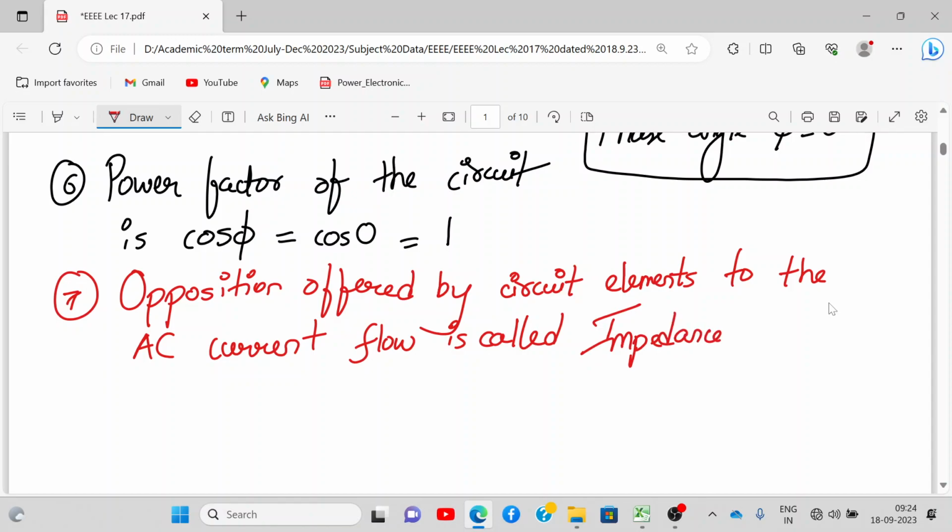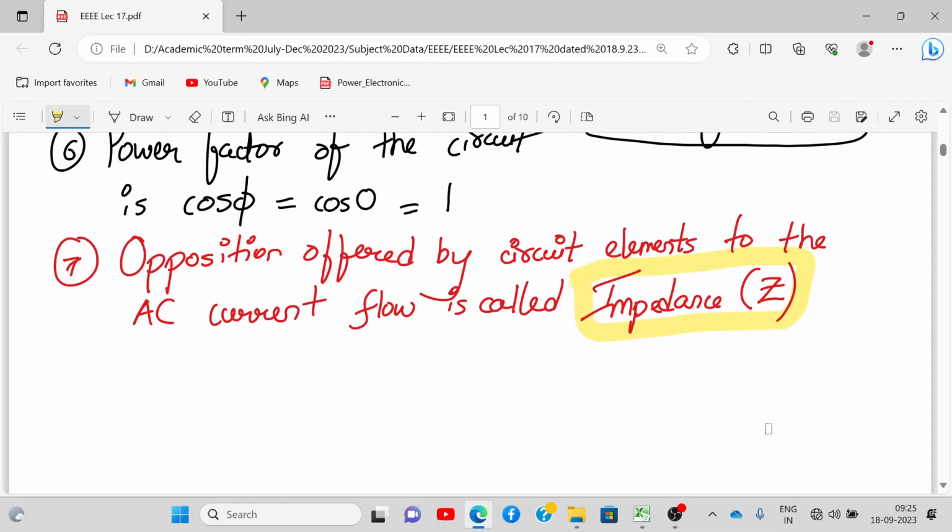In a DC current flow it is called resistance, here it is called impedance and is represented by capital Z. So it's a new term which you should remember. Opposition to the current flow in an AC circuit is called impedance.